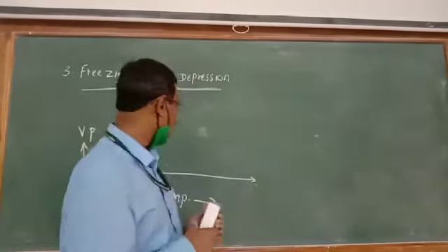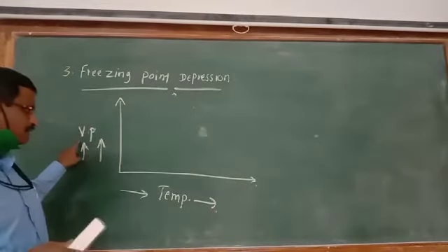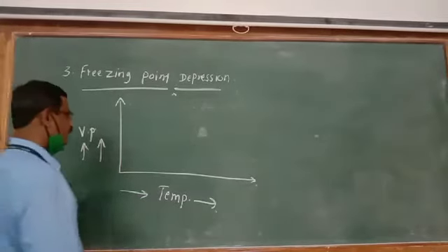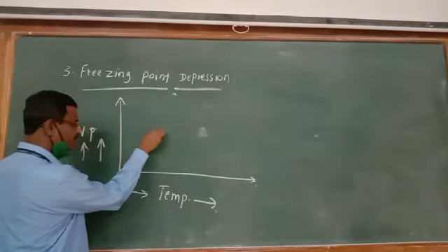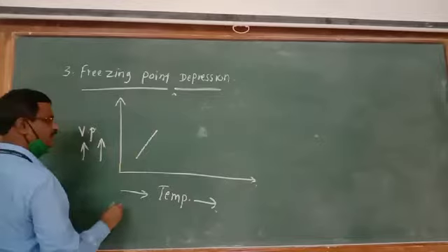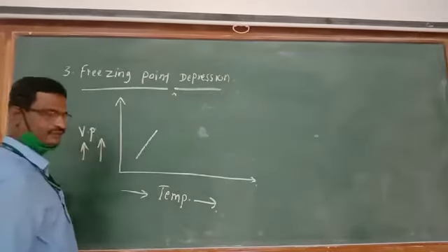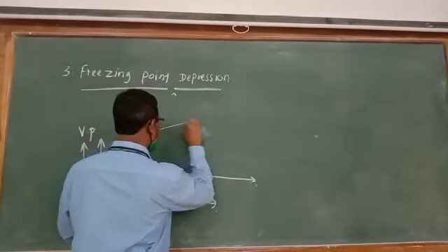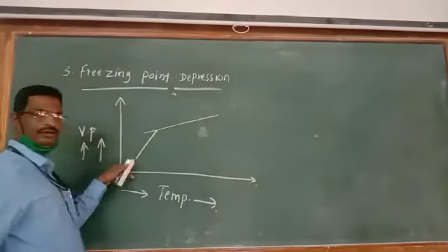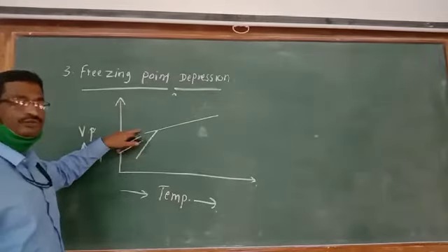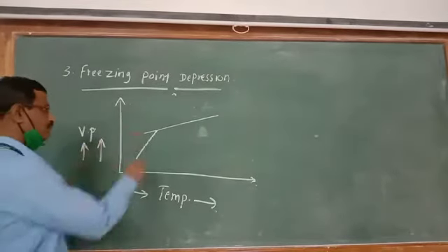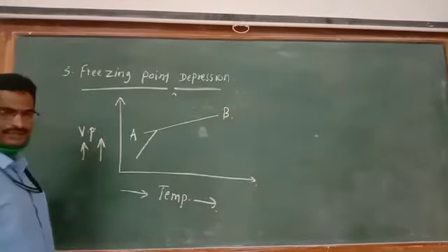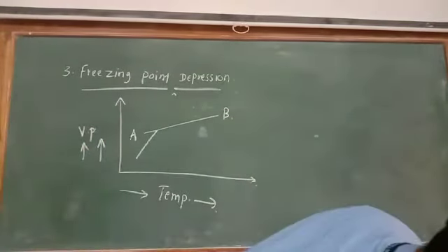So let us see their plot. Vapor pressure as a function of temperature for liquid and solid. If we consider this as a solvent in liquid state and solid state solvent, let curve AB represent the vapor pressure temperature curve.